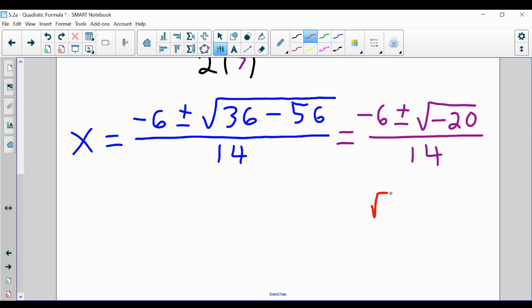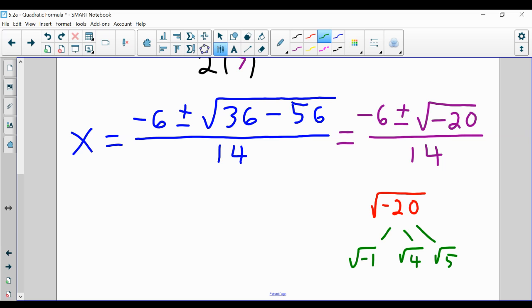So, quick little sidebar again. We need to simplify this radical. So we're simplifying the square root of negative 20. I'm going to break this down first to a negative 1, right? Take that negative 1 out. We know that the square root of negative 1 is i, that imaginary number. But what else do we have? Well, 20 is the same thing as 4 times 5.